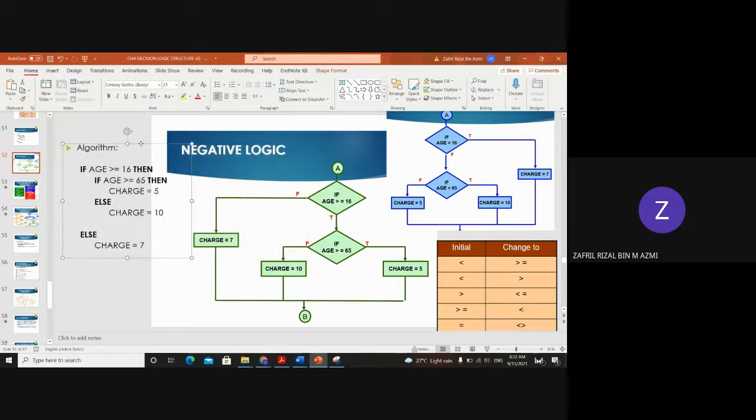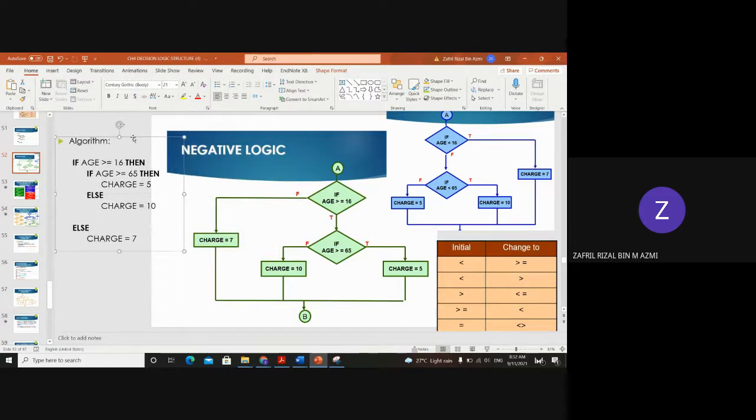This is nested. We say nested decision if inside of a condition there's another condition.